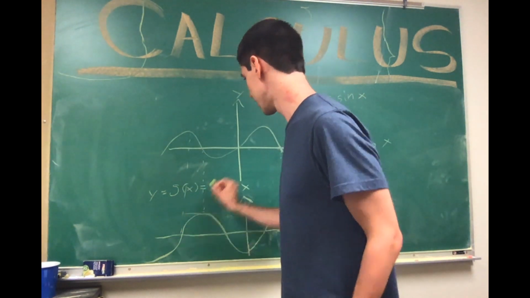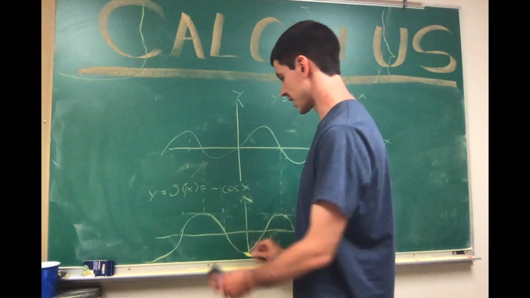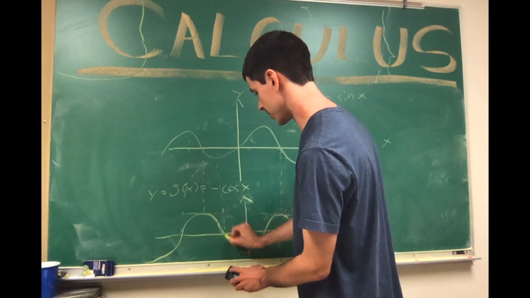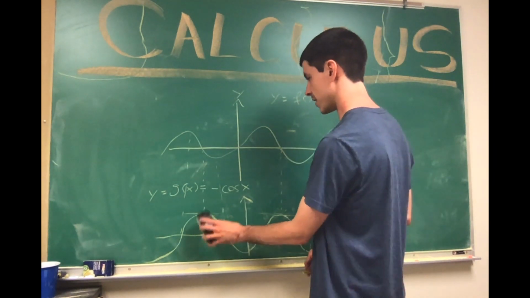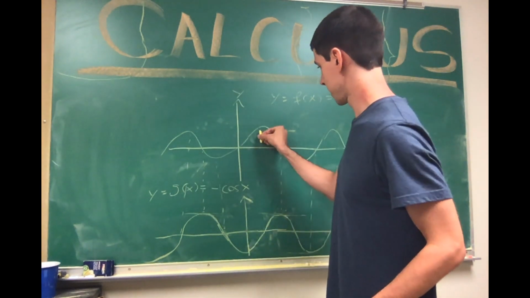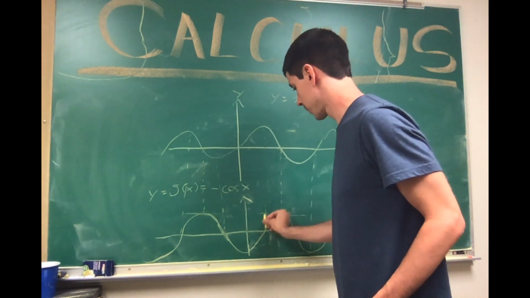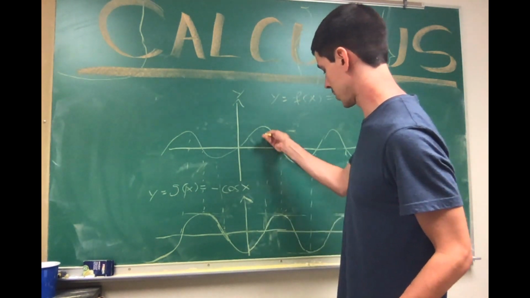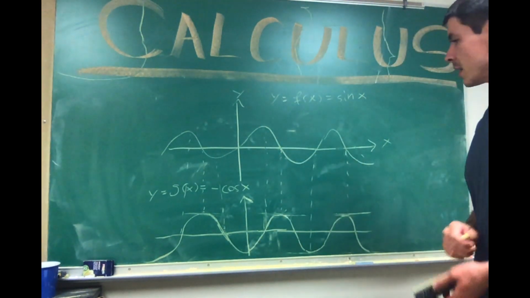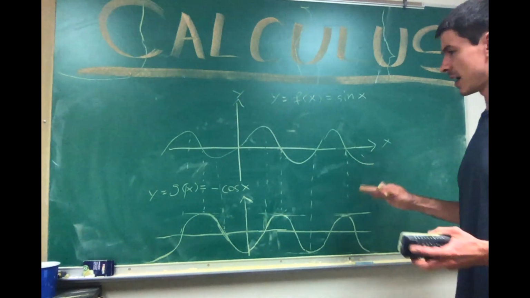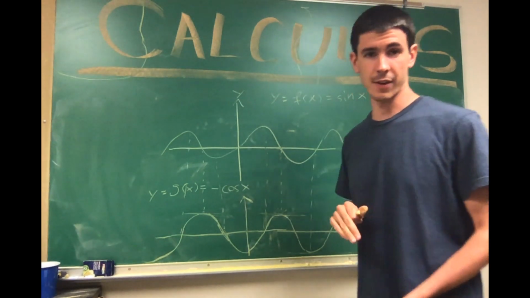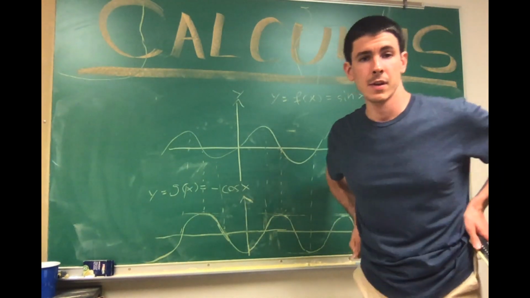So this is decreasing here, which exactly corresponds to where this one's concave down. So this is concave down here, this is decreasing here, this is increasing here. And this is concave up right here where that one's increasing. So here's a sort of Cartesian coordinates graphing view of the antiderivative.